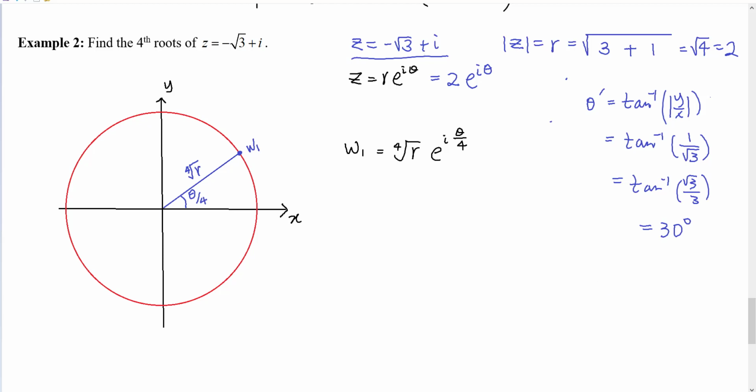It's in the second quadrant, with x as negative square root of 3 and y as 1. Since the reference angle is 30 degrees, the angle you're looking for is 180 minus 30 degrees, so it's 150 degrees. So I can say theta itself is 150 degrees.